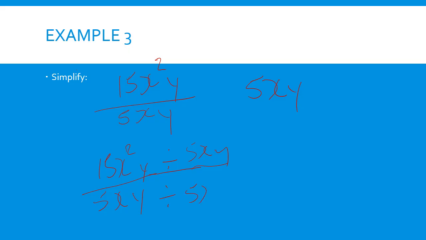So 5 into 15 goes 3 times. x into x squared leaves you with x, and y into y cancels out. 5 into 5 one time. 5xy into 5xy is still 1, so the remainder is 1, so your answer would really be 3x.